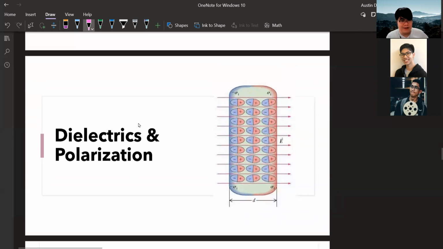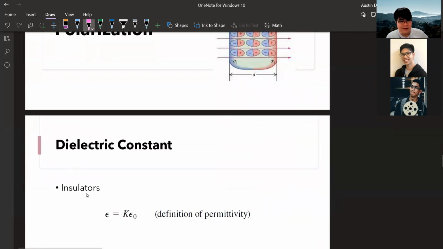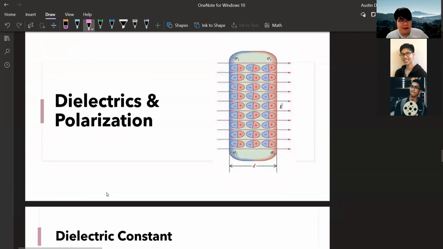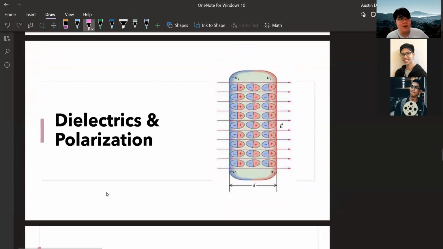So dielectrics is a fancy term for insulators. Bakit natin sila tinatawag na dielectrics instead of insulators? Kasi insulators, it gives you a notion na electricity is not flowing through the materials. Okay? So, that's a naive interpretation of things.